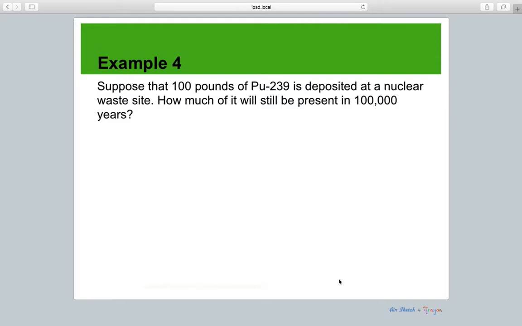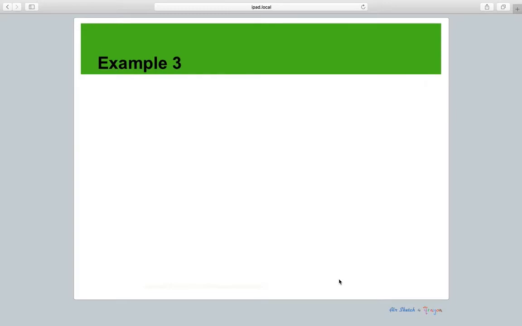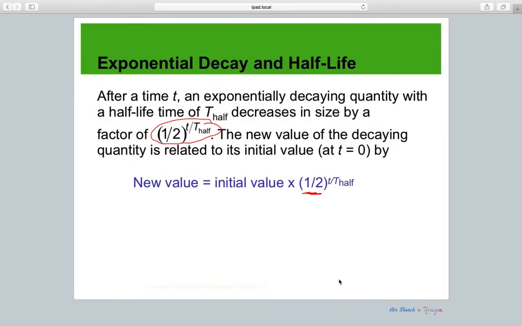Suppose that 100 pounds of Pu-239 is deposited at a nuclear waste site. How much of it will be present in 1,000 years? So here we are actually going to use the full formula. New value equals initial value times half to the t over t half.